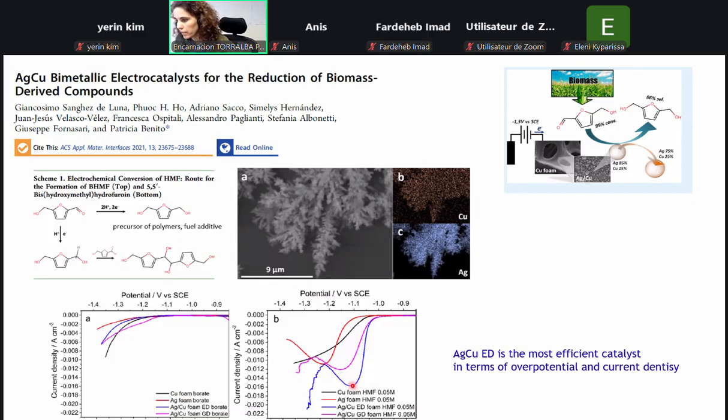So silver copper by electrodeposition is the most efficient in terms of current density, but in terms of overpotential, it's also the most efficient because it's the one where I have to apply the least potential. For this one it is more difficult. So for example, this one is less efficient, both in terms of overpotential and in terms of current density. So this is the best in overpotential and current density.